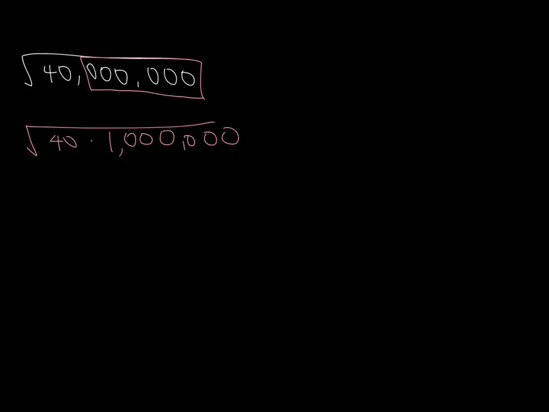Okay. 40 times 1 million. I can take the square root of that. The square root of that is 1,000. And then I'm going to see if I can simplify that.